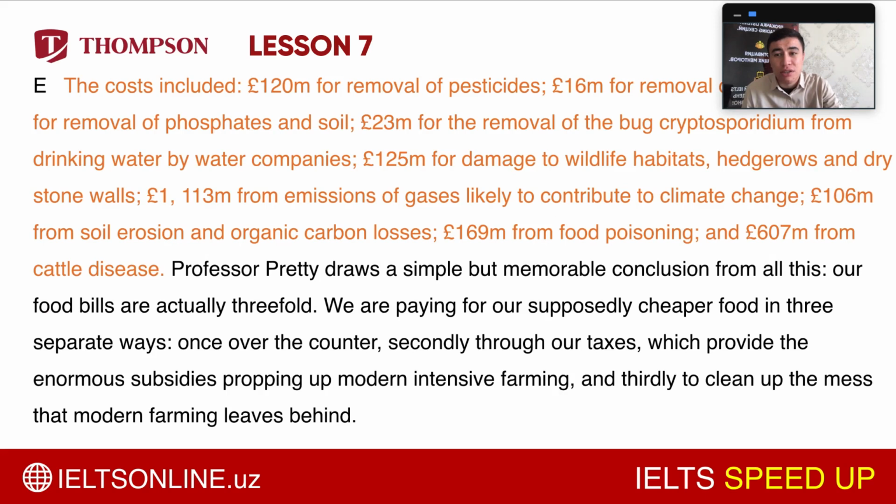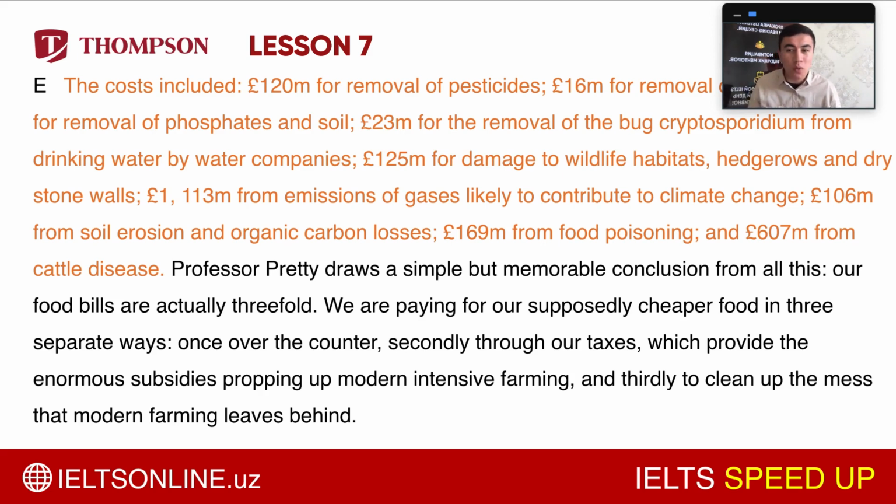And here, the costs included 120 million pounds for removal of pesticides, 16 million for removal of phosphates and soil, 23 million pounds for the removal of the bug cryptosporidium from drinking water by water companies.